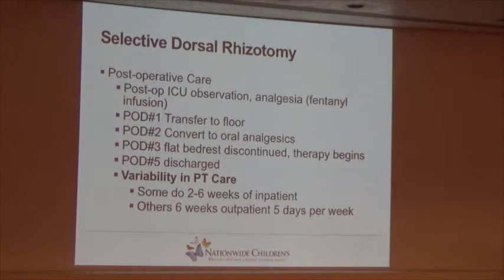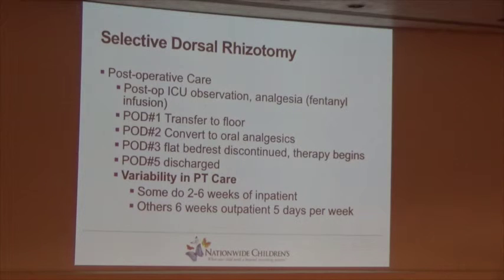Now, this is our post-operative care, where we talk about post-ICU observation. We do analgesia, fentanyl infusions, or the placement of epidural catheters. We end up transferring them. Both CS and myself, we don't end up doing any ICU care. We convert to oral analgesia very quickly.